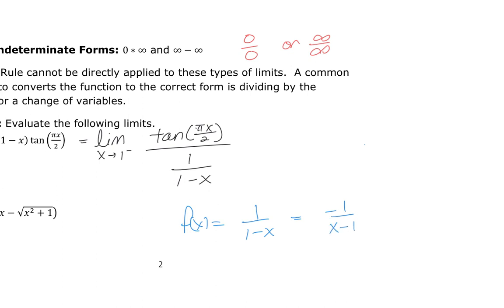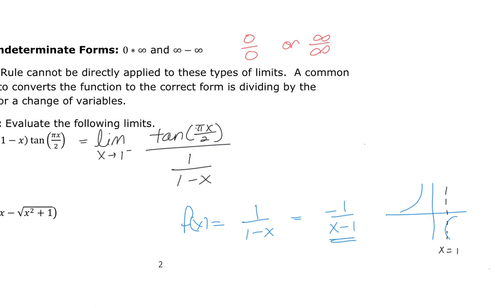Why did I do that? Well, because then I can clearly see this is the reciprocal function. The parent function looks like this. And I am going to shift it over to the right one. So this is going to shift this asymptote right one, so it's at x is equal to 1. And with a negative on the 1 in the numerator, all this does is reflect this graph.